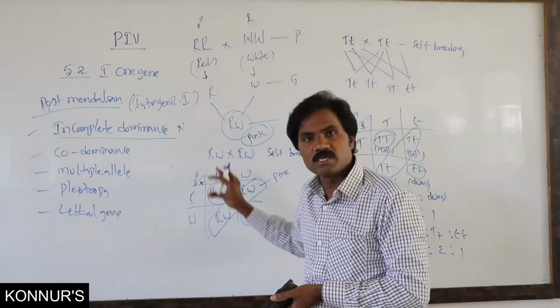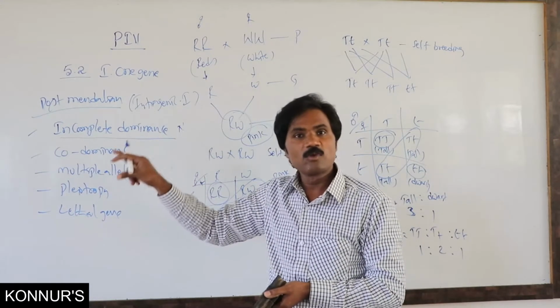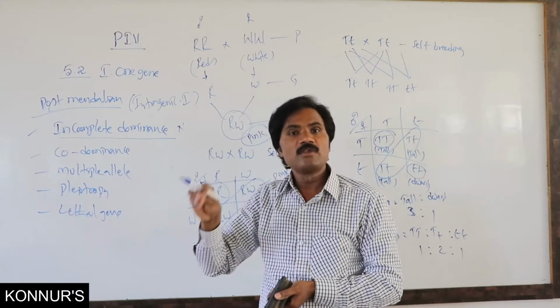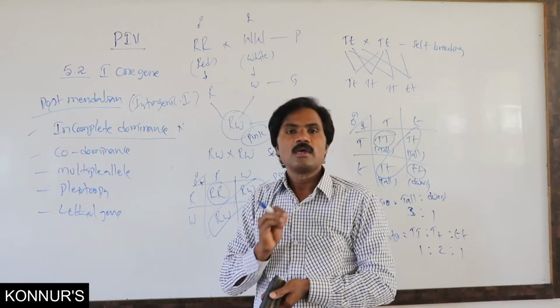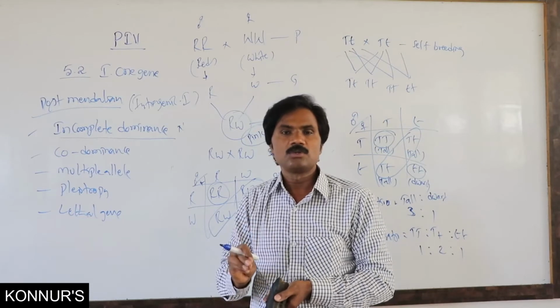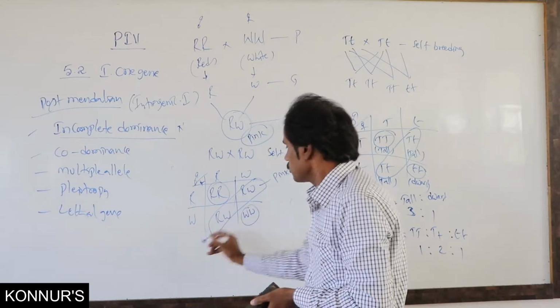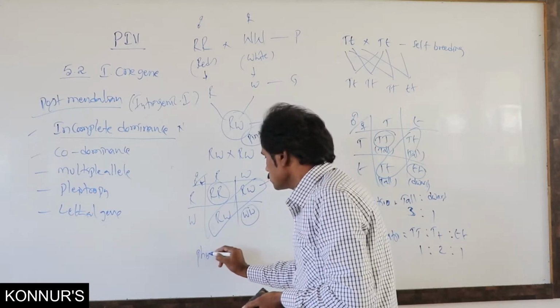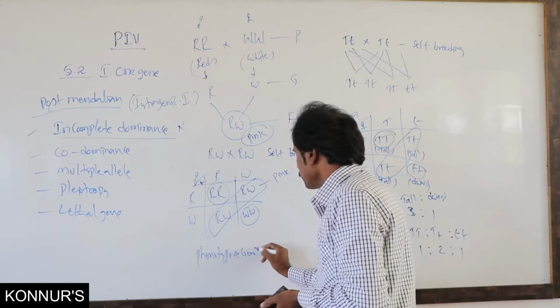From the exam point of view, what is the example related to incomplete dominance, as well as its definition? What is the phenotypic ratio as well as genotypic ratio? Here, very important: the phenotypic as well as genotypic ratio in incomplete dominance is 1:2:1, both. Phenotype and genotype.